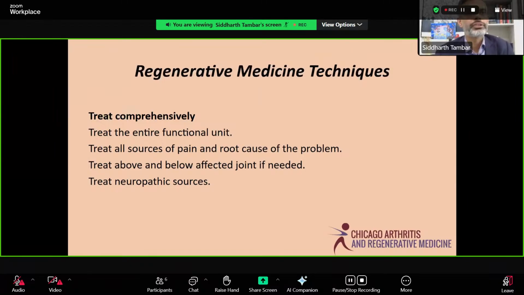Again, if you've got a pinched nerve in the back, it's worthwhile treating that because if the nerve is causing pain, that should be treated. And we have Regen Med treatments that can help with that. Alternatively, if a little bit of nerve irritability is causing some weakness in the leg, that could also be contributing to some of the instability and problems as well. And you want to treat the nerve issue as well.